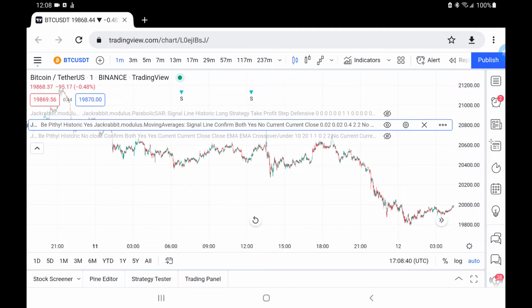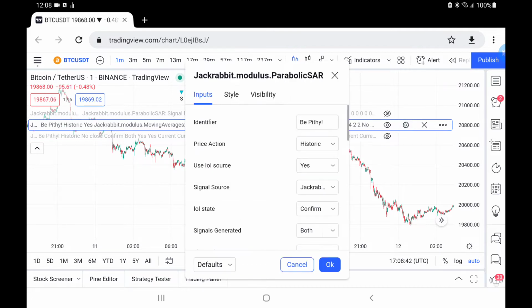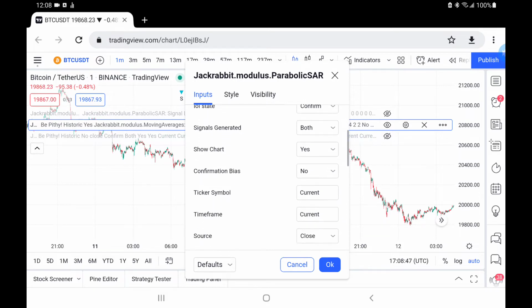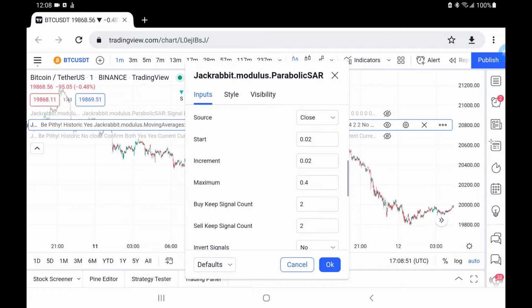Its settings are also uniquely simple. Here we go for the very basic settings for the Parabolic SAR. Now again, I am keeping a candle count of 2 candles here. So if I get a signal, I hold that signal for 2 candles. I'm going to demonstrate the candles in just a minute.